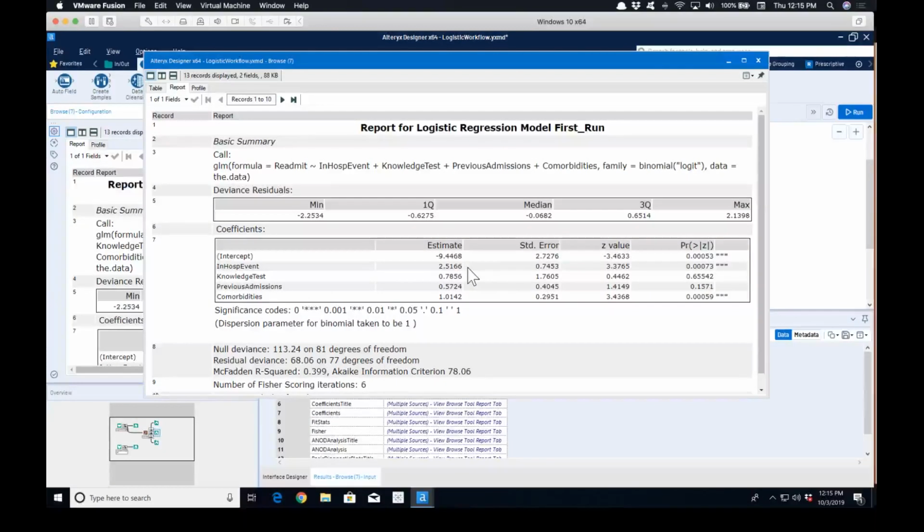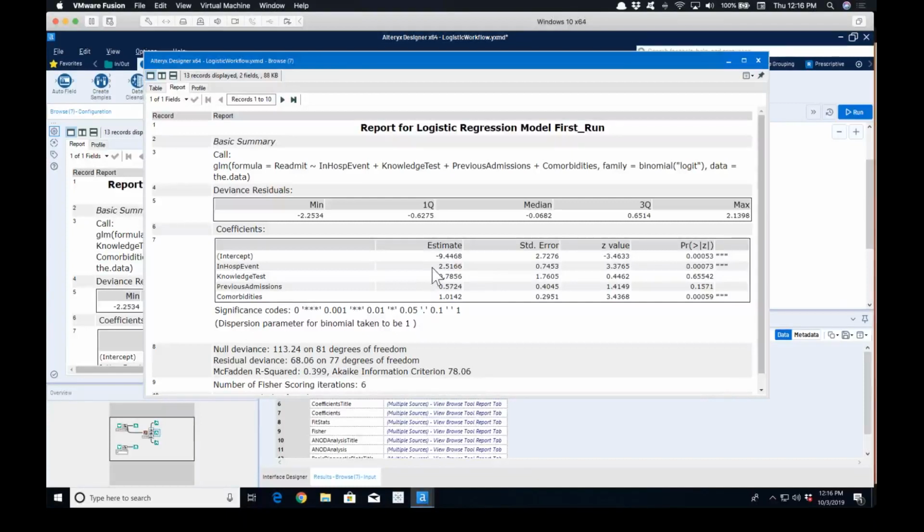Now, I know that's weird to think about, because we'll be talking about probabilities, but we could transform these into actual probabilities by doing a little math, but we're not going to this time.